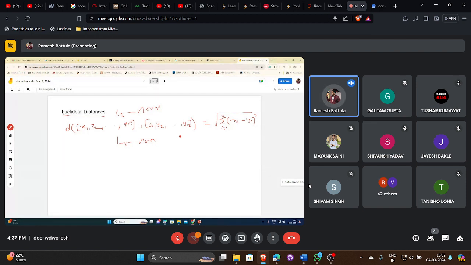So what is the Manhattan distance? The Manhattan distance between 2 points is the sum of the magnitude of the differences in each dimension. So the L1 norm is the Manhattan distance, and the L2 norm we use for Euclidean distance.